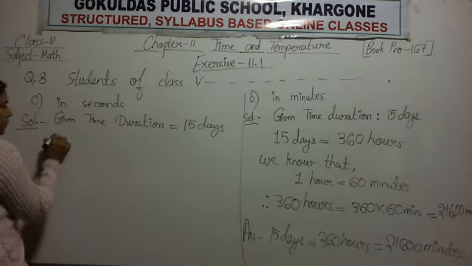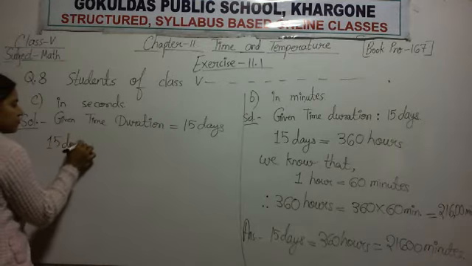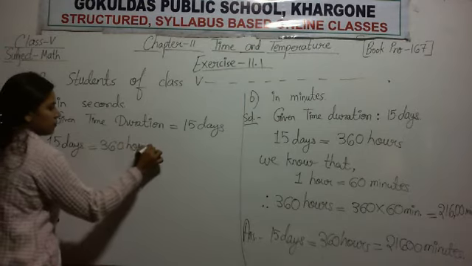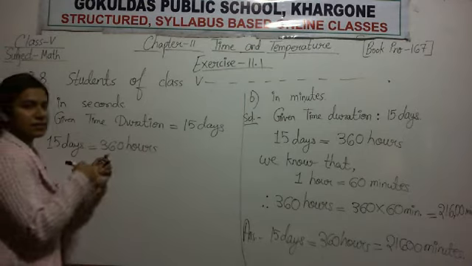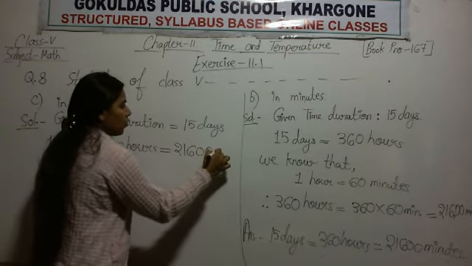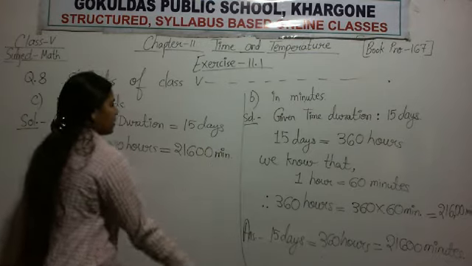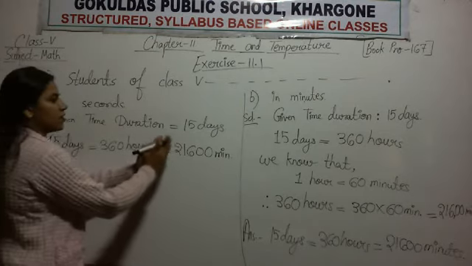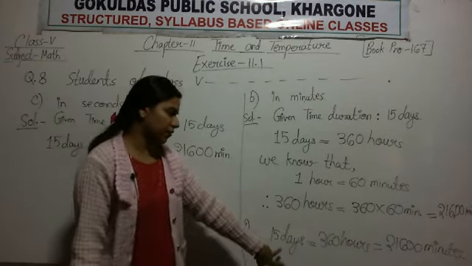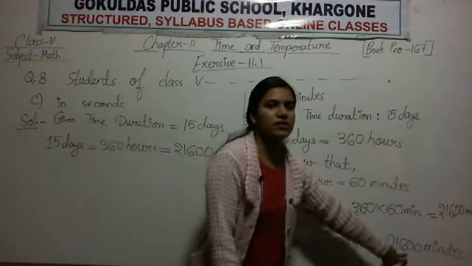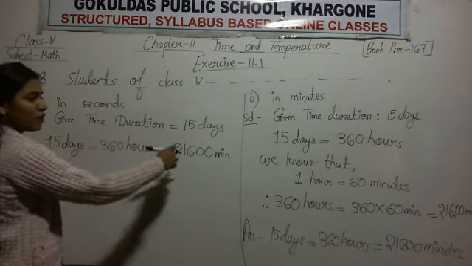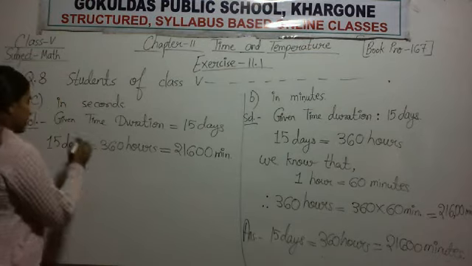So 15 days is equal to 360 hours. We know, and 360 hours is equal to 21600 minutes. Right? Means 15 days is equal to 21600 minutes. As we have done in part B, 15 days is equal to 21600 minutes. We already know this. Now we can convert minutes into seconds.